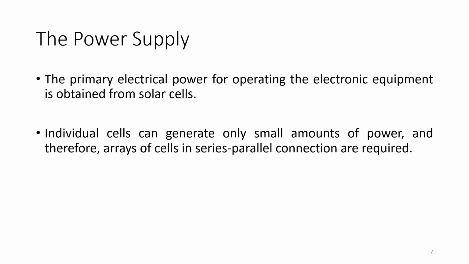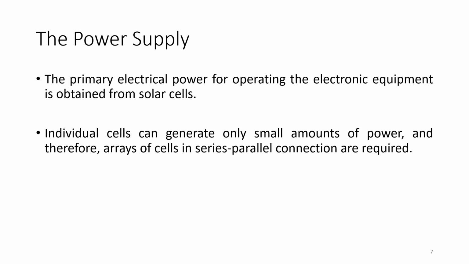The power supply is used for operating the electronic equipment and is obtained from solar cells. Individual cells can generate only small amounts of power, and therefore arrays of cells in series-parallel connections are required.